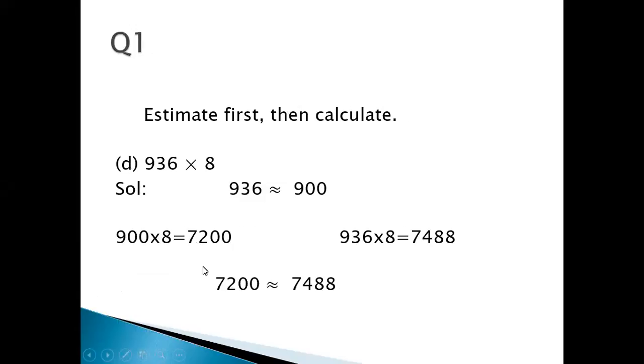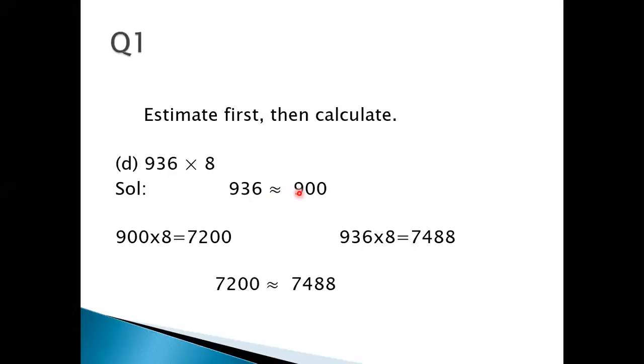Here I have chosen another part, that is 936 multiplied by 8. Again we do approximation. At the tens place the number is 3, which takes it closer to 900. If the number is 5 or greater, we round off to the nearest 1000. But here 3 is at the tens place, so we round off to the nearest 100.